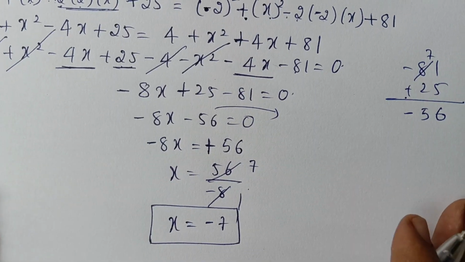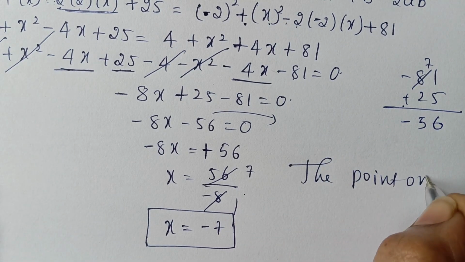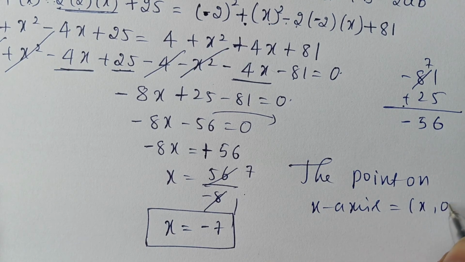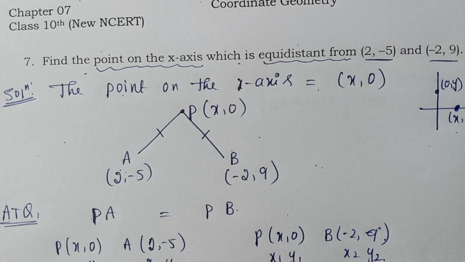We got the x value. Now the point on the x axis is x comma 0, that is nothing but minus 7 comma 0. So this is the answer for question number 7. So next we move on to the 8th problem.